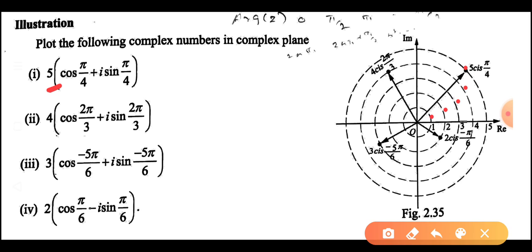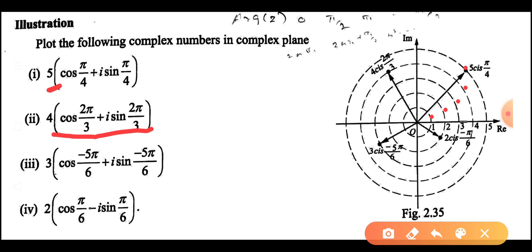So we mark 5 into 6 pi by 4. For our easy convenience, we are going to write 6 theta. So 5 into 6 pi by 4. Next, second sum, 4 into cos 2 pi by 3 plus i sin 2 pi by 3.